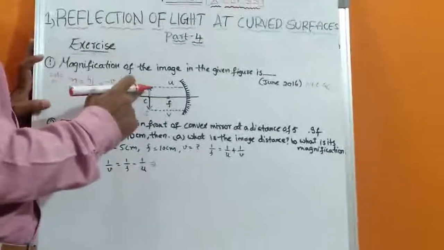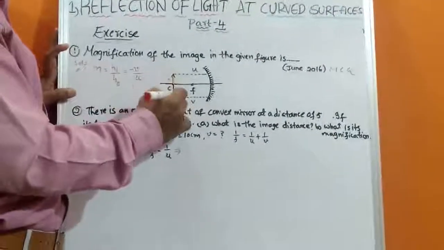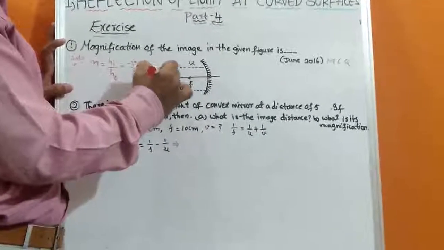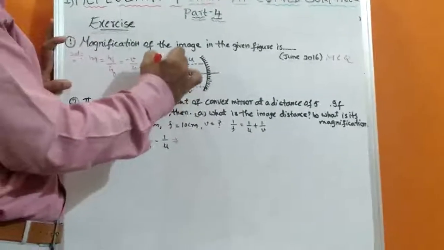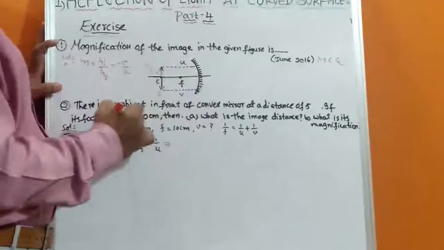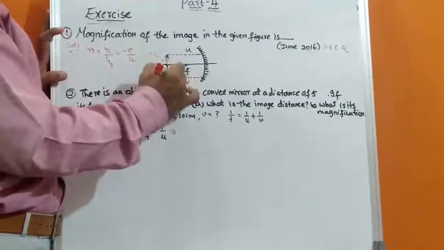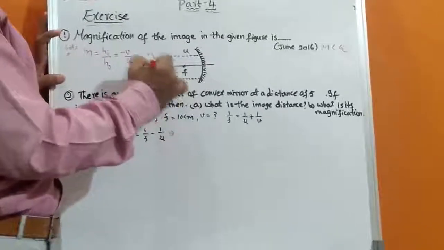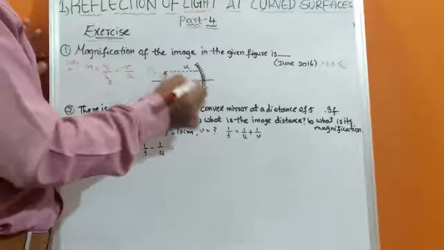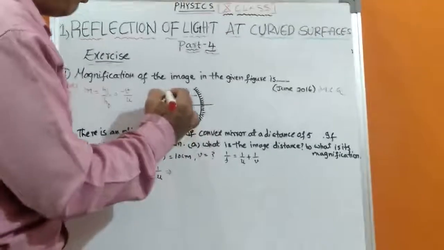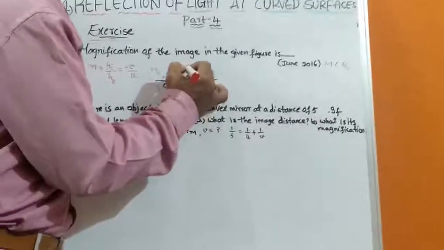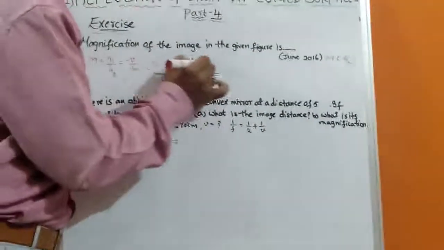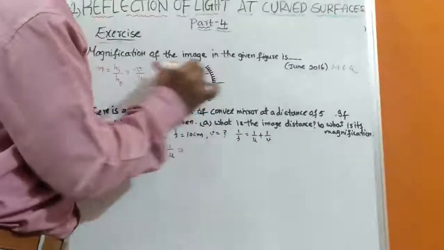Here the height of the object is in the upward direction, an arrow pointing upward, so this is positive. The height of the image is downward, so minus HI. From the object, the light ray is incident in this direction. This is the object distance U.